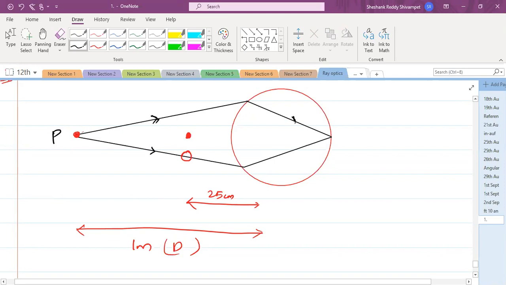So its image will be formed on where? It will be formed on the object. Understood? Yes. Whereas if I take the rays, this blue one, if I take the rays coming from O, they will be formed beyond it. Where? Beyond.